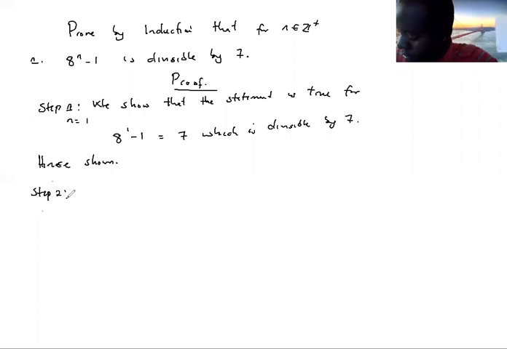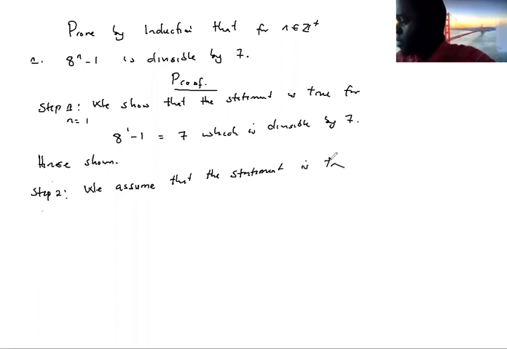Step 2, we just make an assumption. So we assume that the statement is true for n is equal to k.